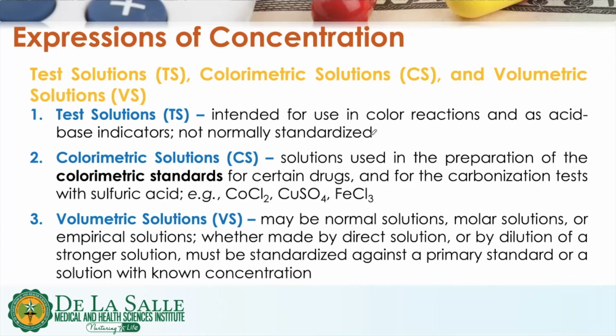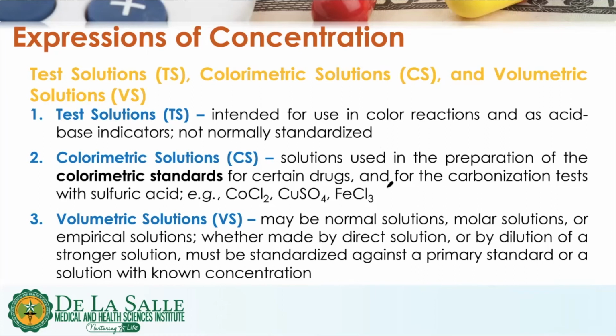Now, we also have the CS or the colorimetric solutions, and these are solutions used in the preparation of colorimetric standards for certain drugs and for the carbonization test with sulfuric acid. Some examples are cobaltous chloride colorimetric solution, cupric sulfate colorimetric solution, and ferric chloride colorimetric solution.